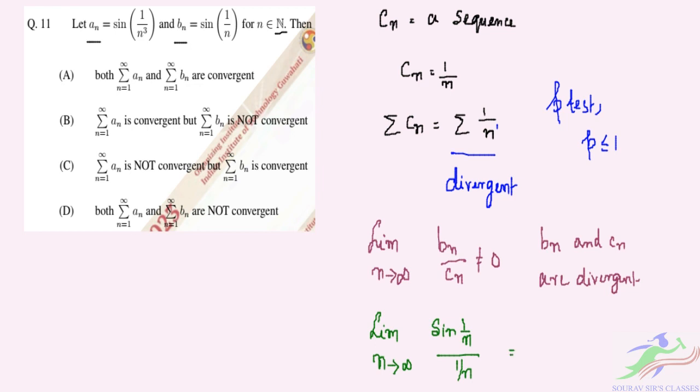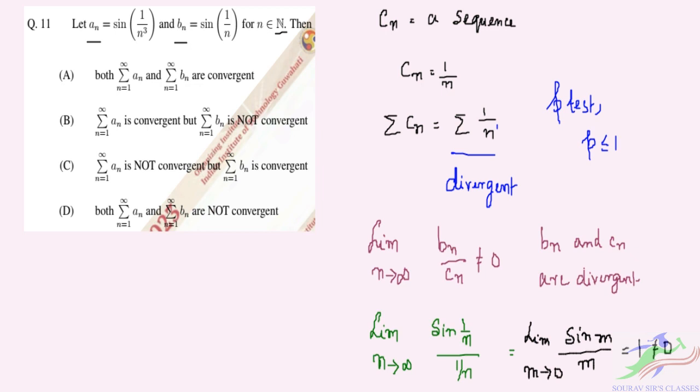So we can take 1 upon n as m, and it will be sine m by m. Here n tends to infinity, so 1 by n tends to 0, so we have the limit as m tends to 0 of sine of m by m, which is equal to 1.